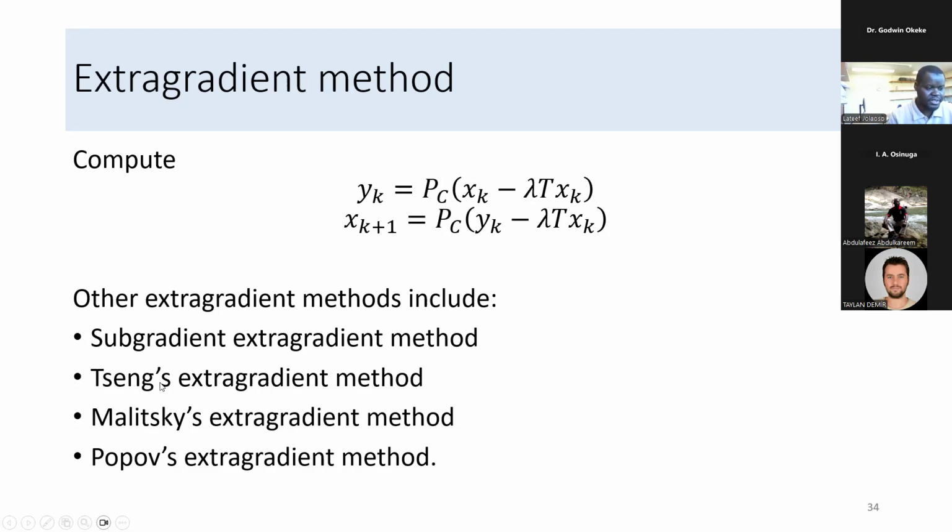For both subgradient and descent, we have two evaluations of T, but for Malitsky, we have one evaluation of T at every iterate. No, I think that's for Popov. For Popov, we have only one evaluation of T at every iterate. So all these are just versions of improvement on the types of extra gradient method that we have.